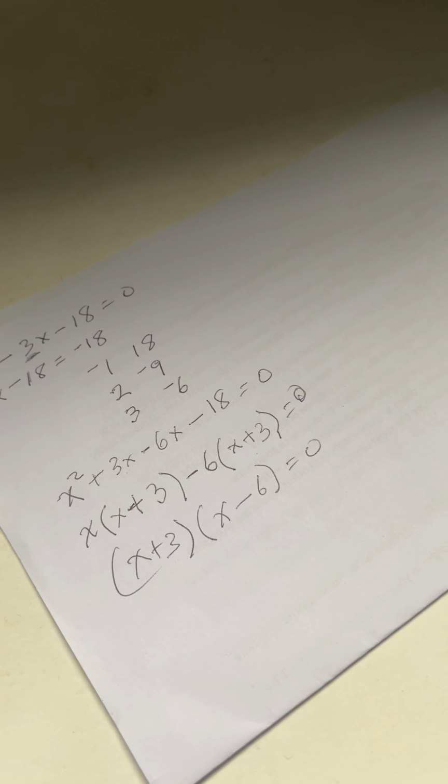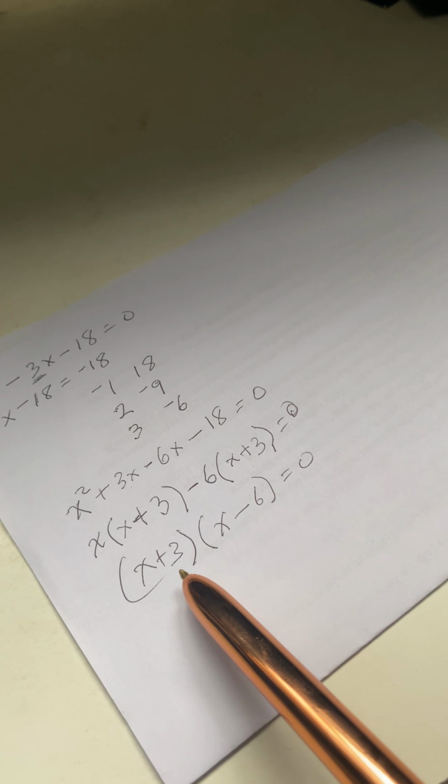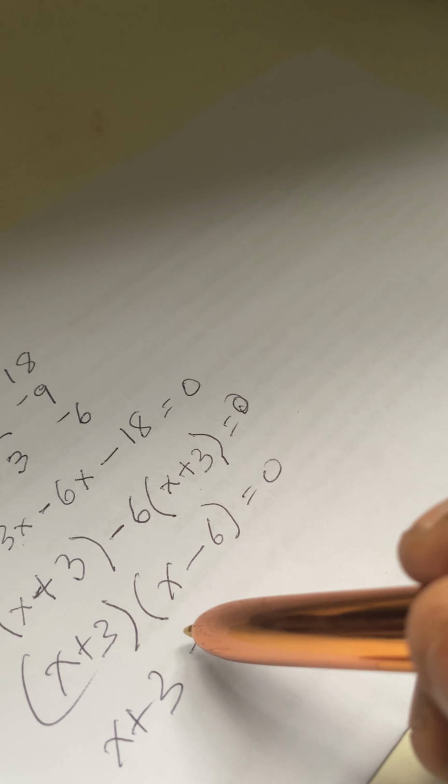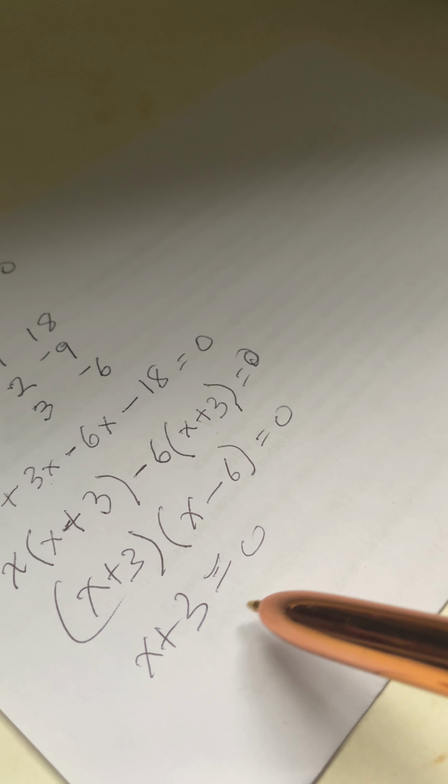Then at this point, either this is equal to 0 or this is equal to 0. So we can start with x plus 3 equaling 0. Once we have this, we can minus 3 on both sides, and we shall have x is equal to minus 3.